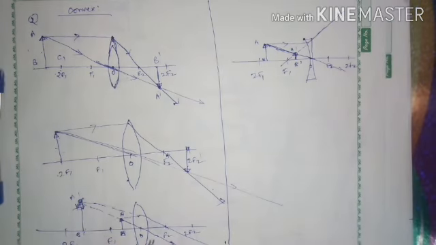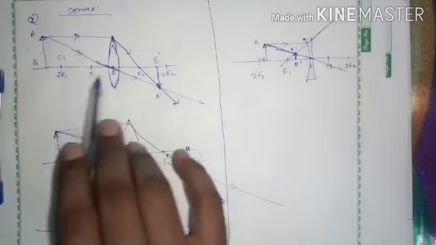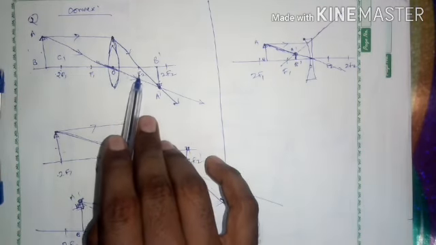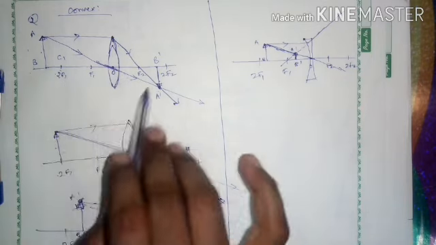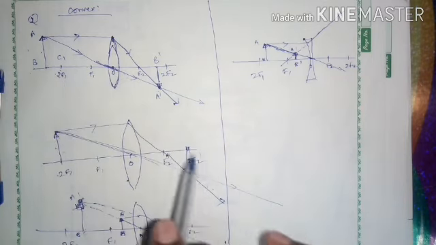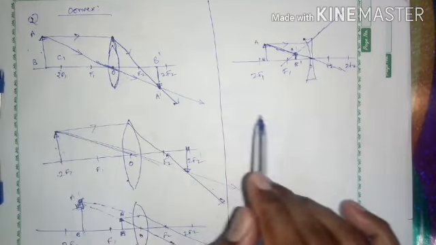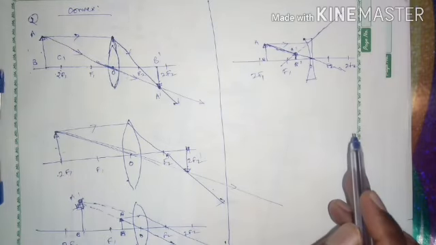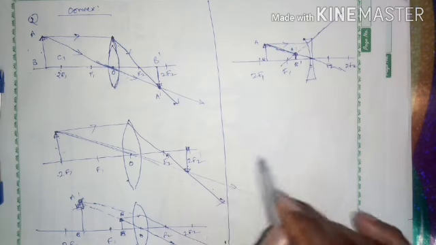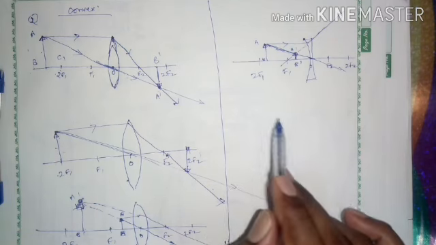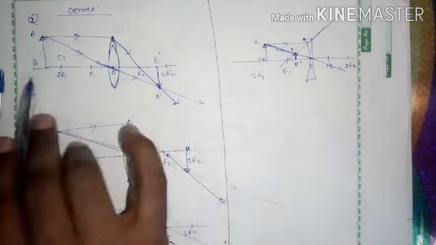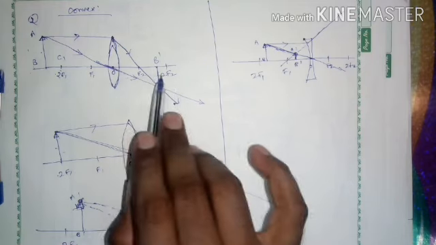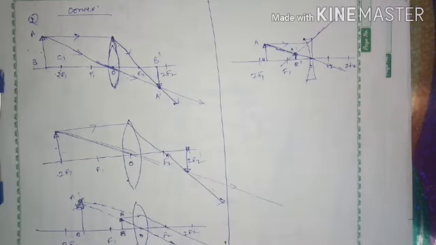So that we don't get confused with the parameters behind the lenses, remember the tabular columns, where the object is placed and where the image will be formed. This we should all know. If you remember these things, you can draw the ray diagrams. By using it we can obtain neat diagrams. So thank you.